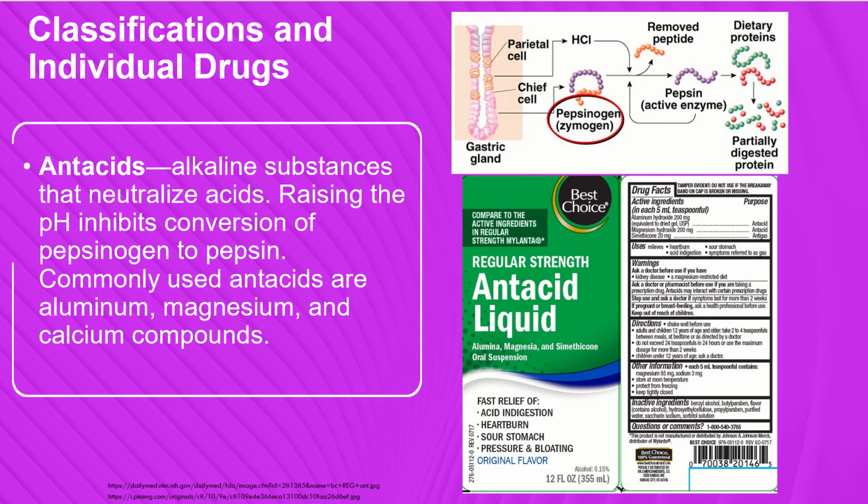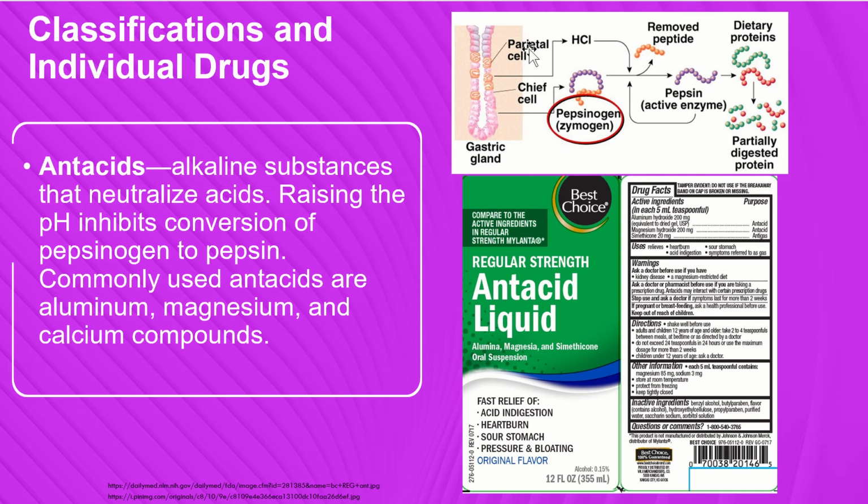All right, so let's look at the classification and individual drugs. The first type of drugs we're going to look at is antacids, and these are alkaline substances that neutralize acids. Raising the pH inhibits conversion of pepsinogen to pepsin.